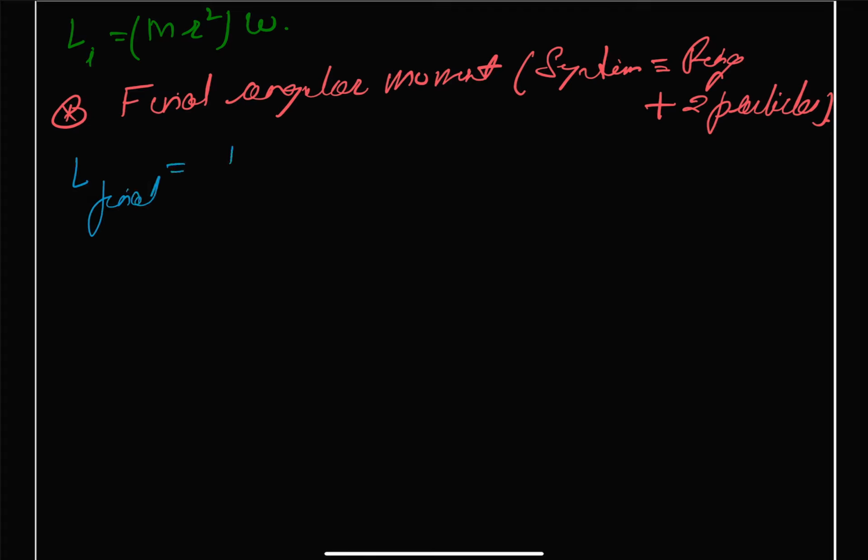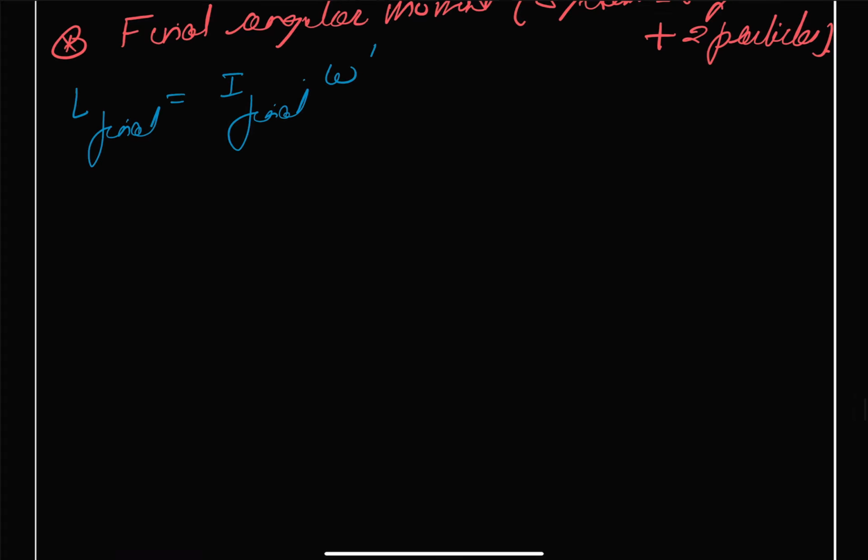will be equal to moment of inertia final and its angular velocity omega prime, and our moment of inertia final will be equal to moment of inertia for the particles plus moment of inertia for our ring.